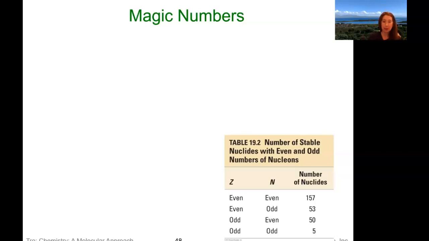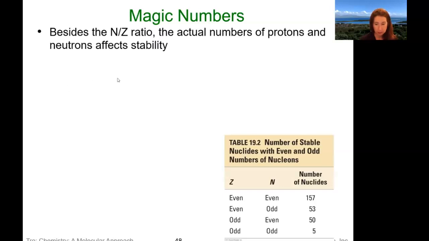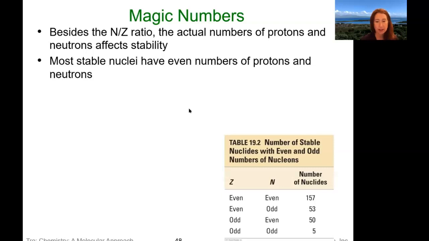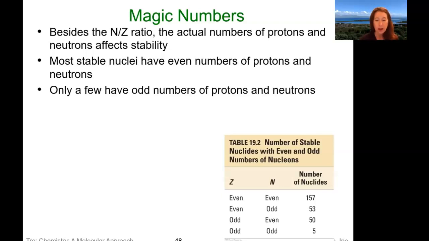There's the same type of thing with the nucleus. So the actual numbers of protons and neutrons affect the stability, and most stable nuclei have even numbers of protons and neutrons. Now, the reason for this has all to do with the strong force. We're not going to talk about the reasons because they're so far beyond what we do.